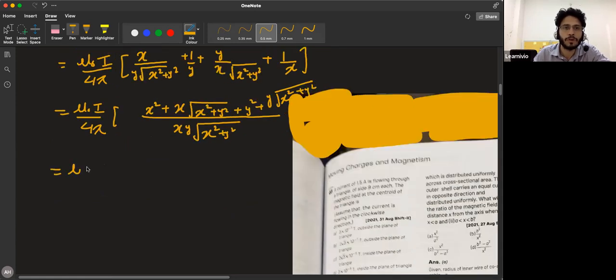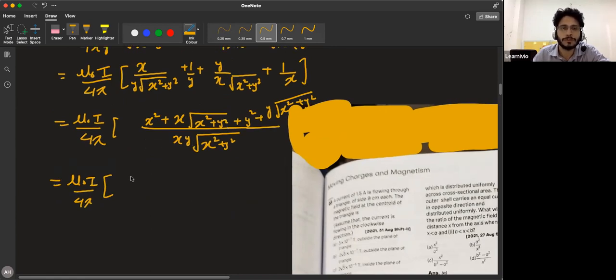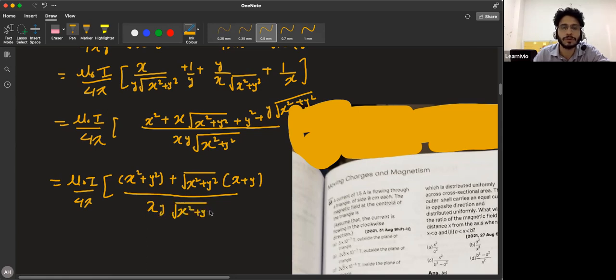So we have mu naught I by 4 pi. So this is x square plus y square. Then you can take root over x square plus y square as common. And we have x plus y divided by xy into root over x square plus y square.